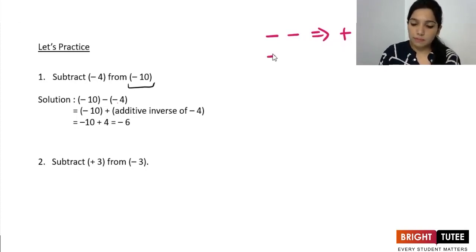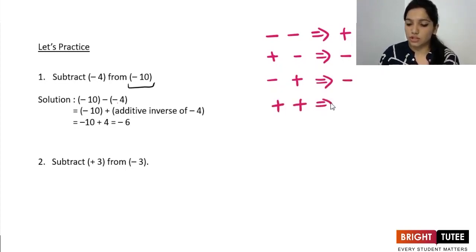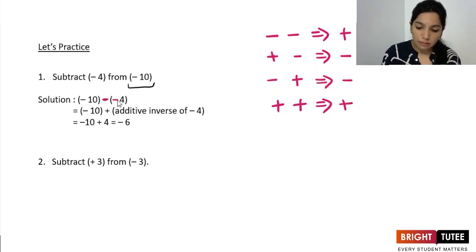If you see plus and minus sign together, it changes to a negative sign. If you see minus and plus together, it changes to a minus sign. If you see plus and plus sign together, it changes to a plus sign. No change. So plus and plus gives plus, minus and plus gives minus, plus and minus gives minus, and minus and minus gives plus. So here we have a minus and a minus sign. We'll change it to a plus sign. Okay, so this becomes minus 10 plus 4. The answer is minus 6.